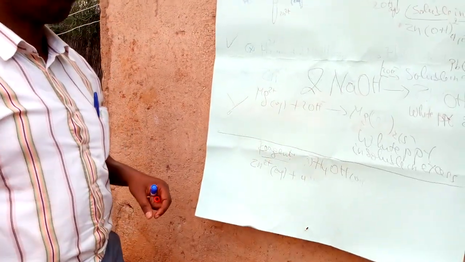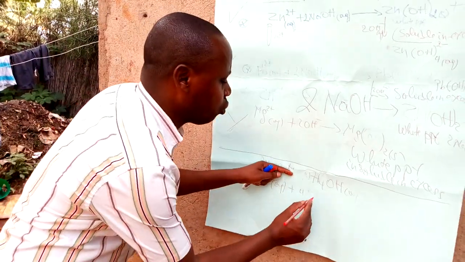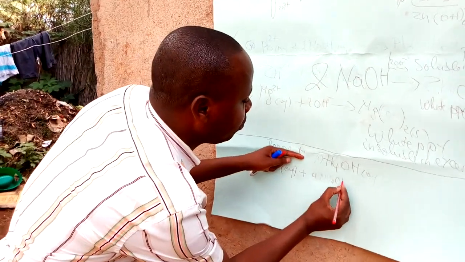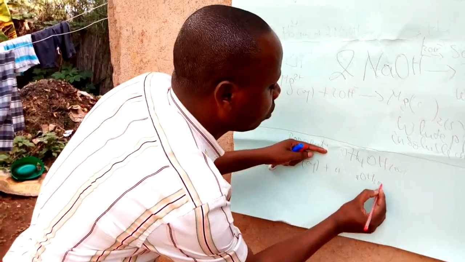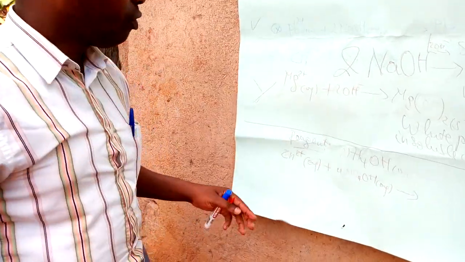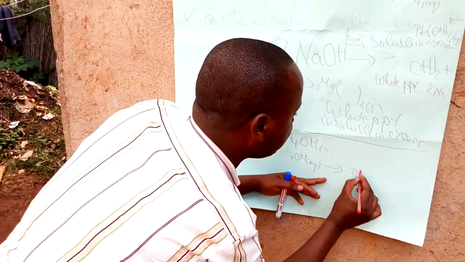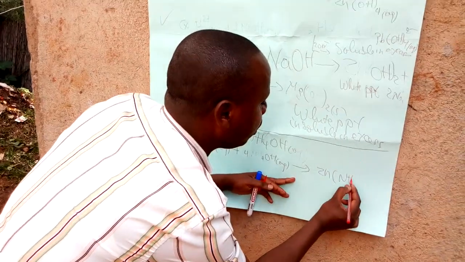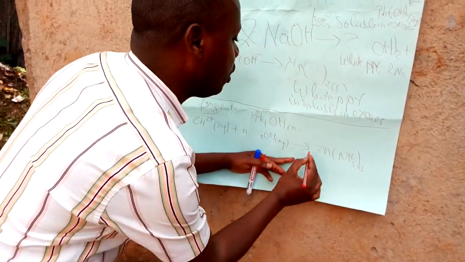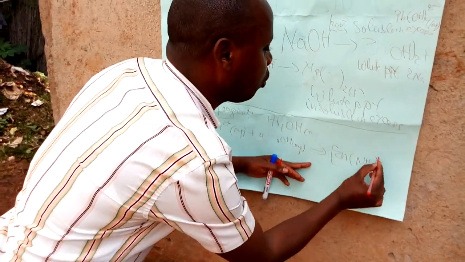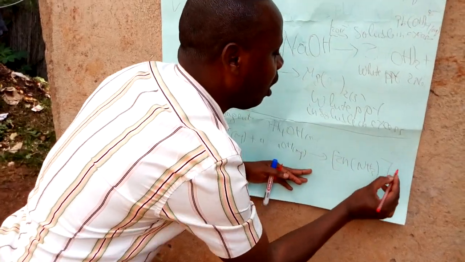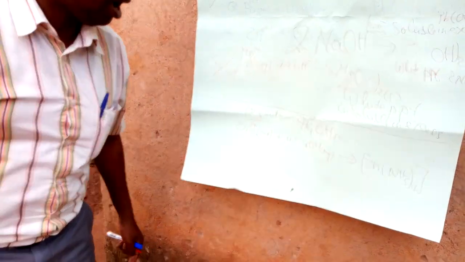If 4 ammonia are added, zinc will form a complex of zinc and 4 ammonia ligands. This is called tetraammine zinc.